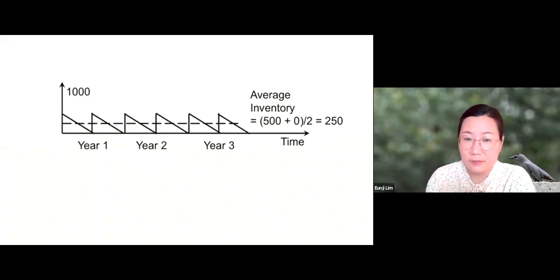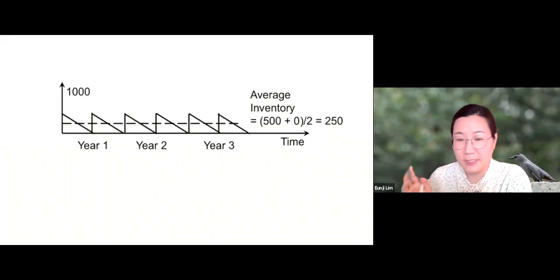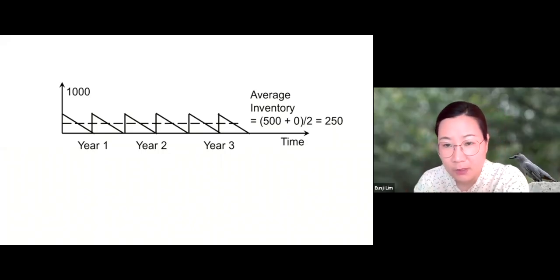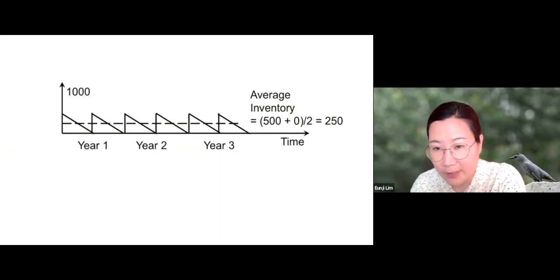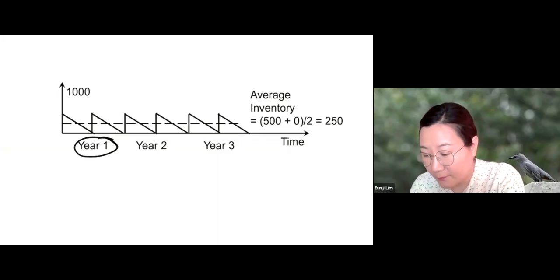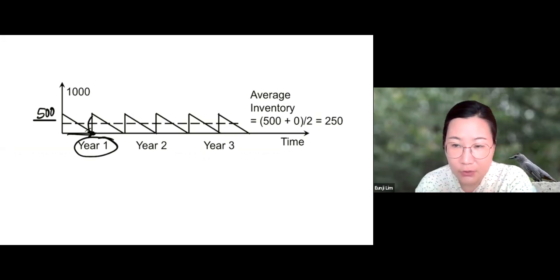Now, let's look at the second scenario where you place 2 orders every year. So this is how your inventory level changes over time. This is the first year. At the beginning of the first year, you order 500 pounds, and 6 months later, you run out and you order another 500 pounds. So in this case, how much is the inventory holding cost?